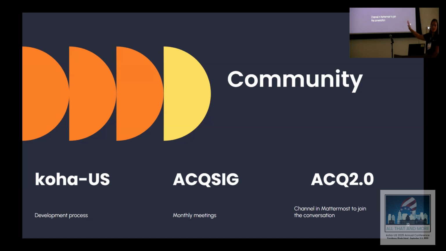And then for the community, in the Mattermost, which is our chat platform for the Koha community, there's a channel that's called Acquisitions 2.0. So if you want to join the conversation and hear what we're talking about, you can jump on there.